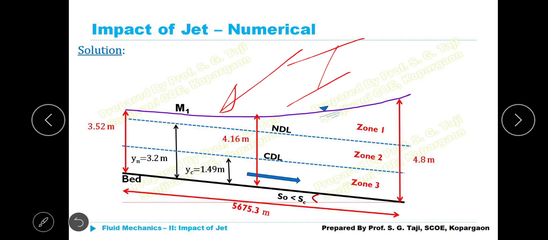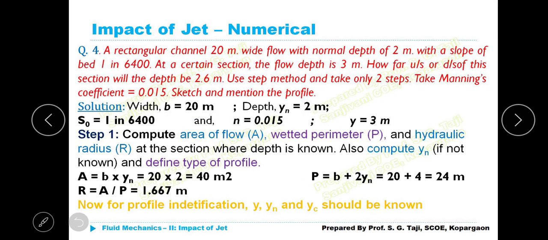What is the value of Y? Y has 3 different values, 4.8 meter, 3.52 meter and 3.2 meter. Okay? Now each and every value is incorporated in these 3 zones to get a profile of this. This is the M1 profile. Okay? That's all the solution.